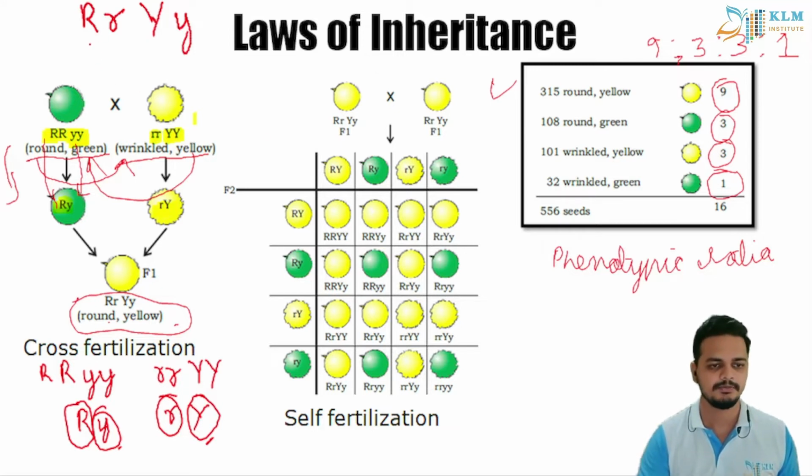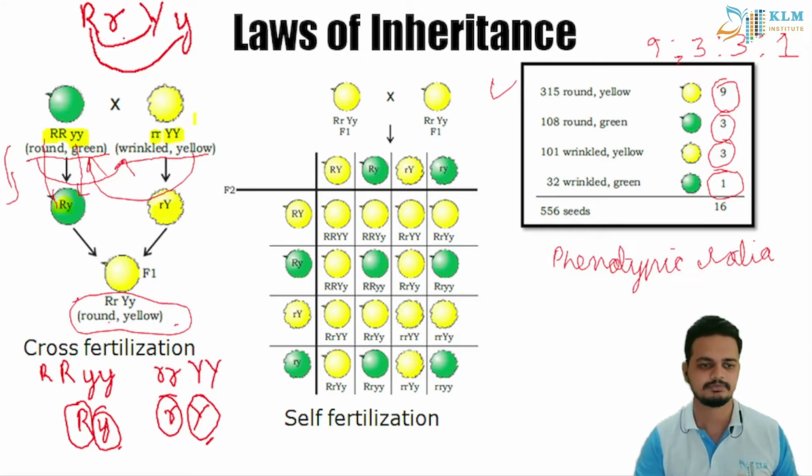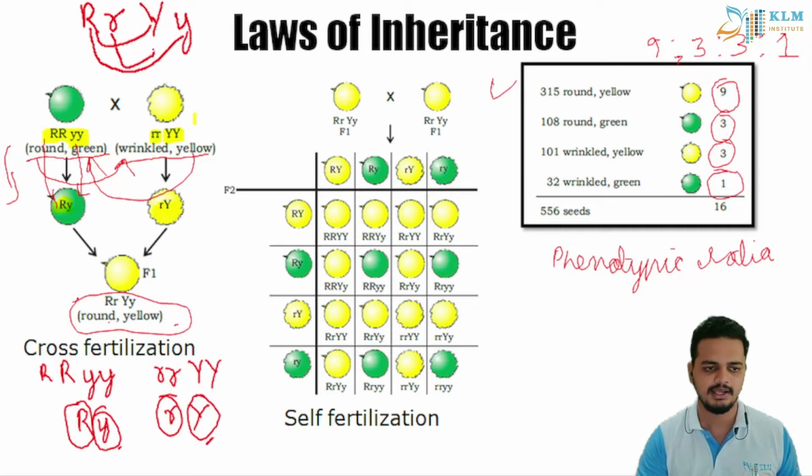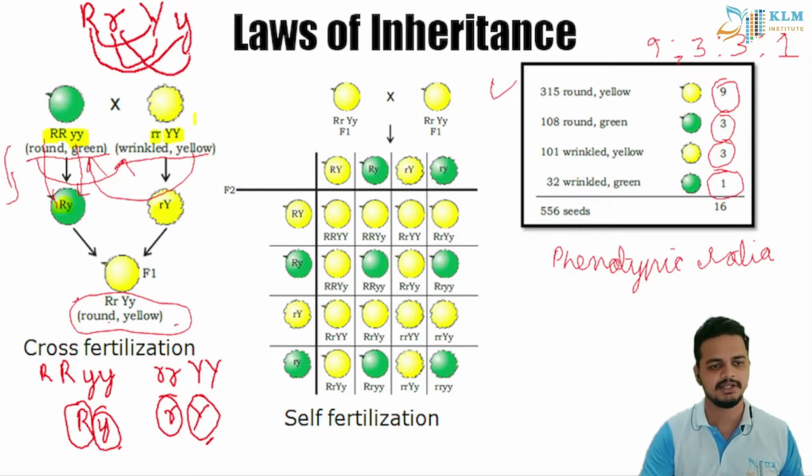So from this what we get is one gamete RY, that is R small y, and one more gamete we get small y, small r, capital Y, and one more gamete we get small r, small y.